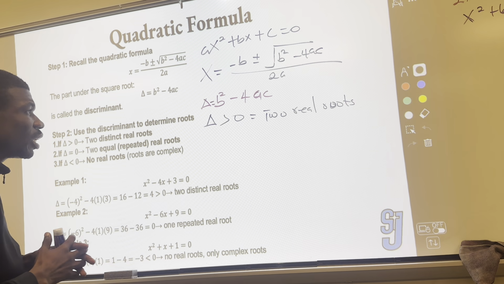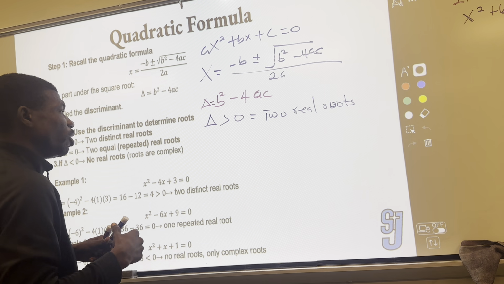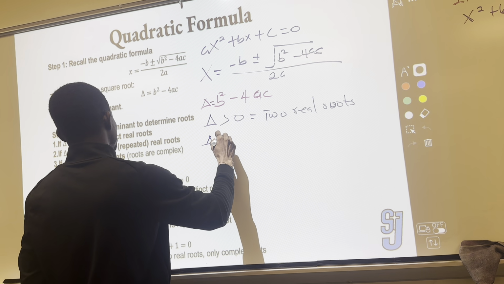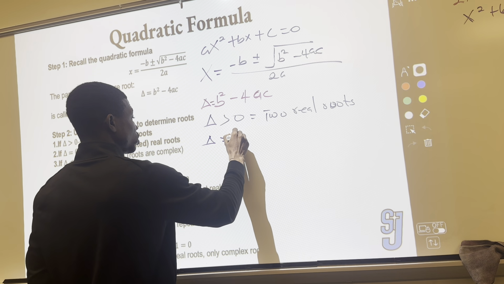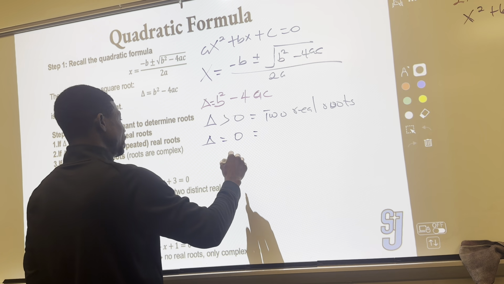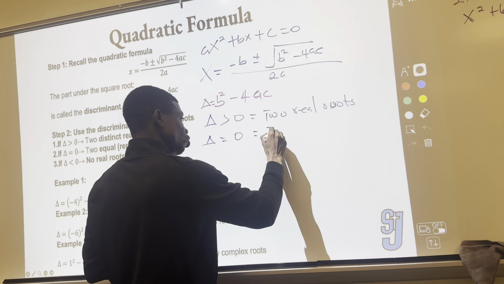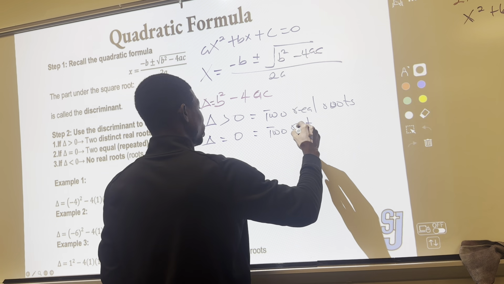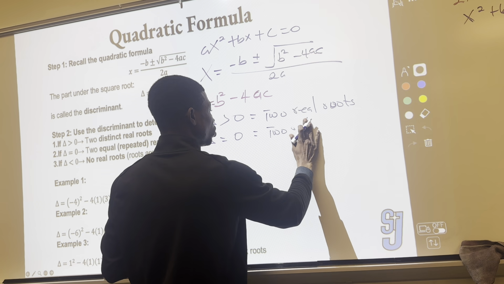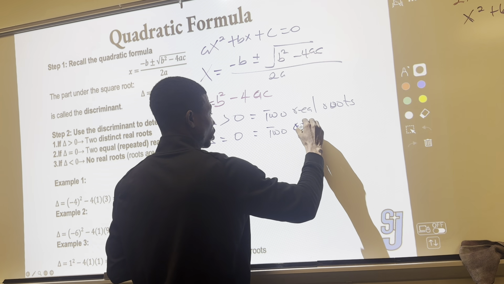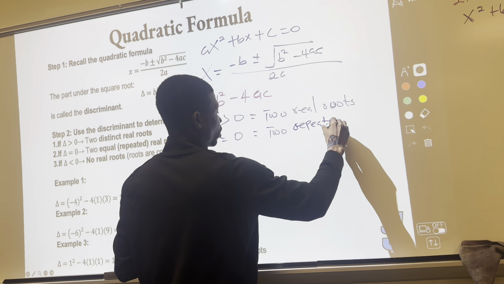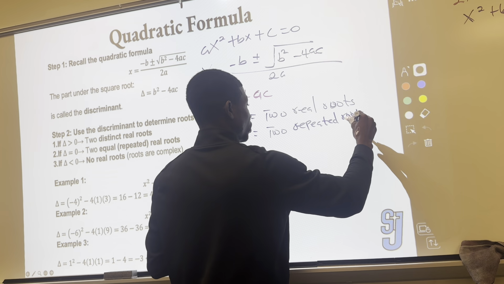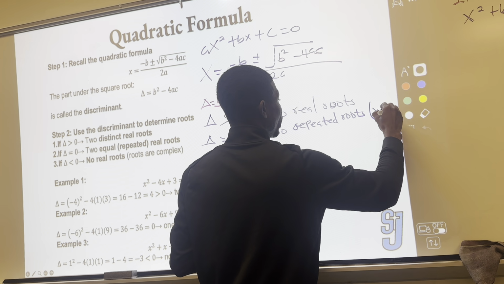Now, if I solve the equation and I have my discriminant equal to 0, then I'm having two repeated roots. These roots are also real.